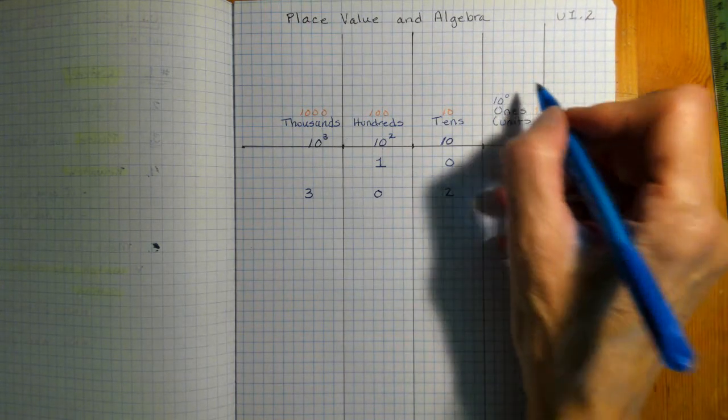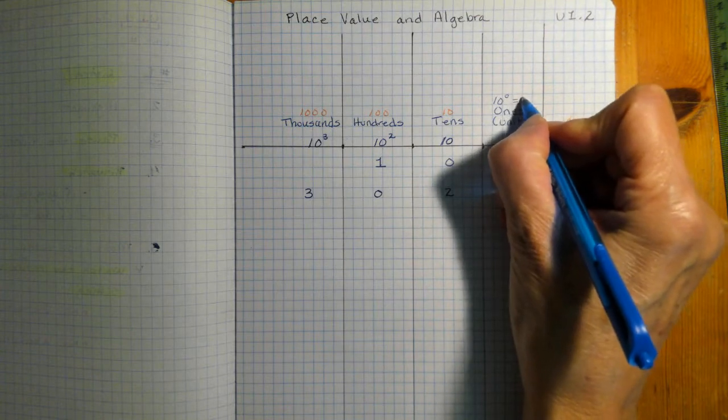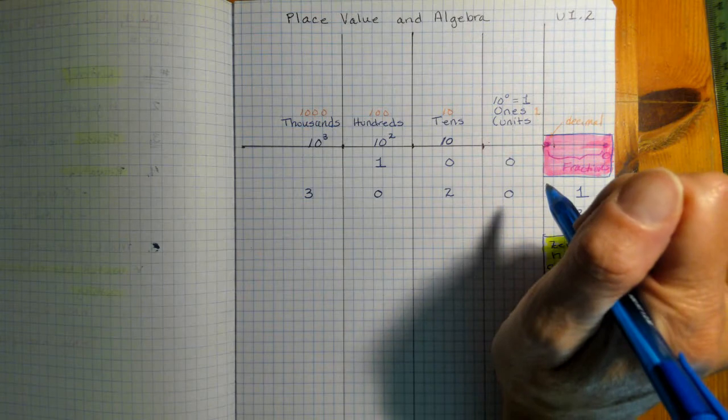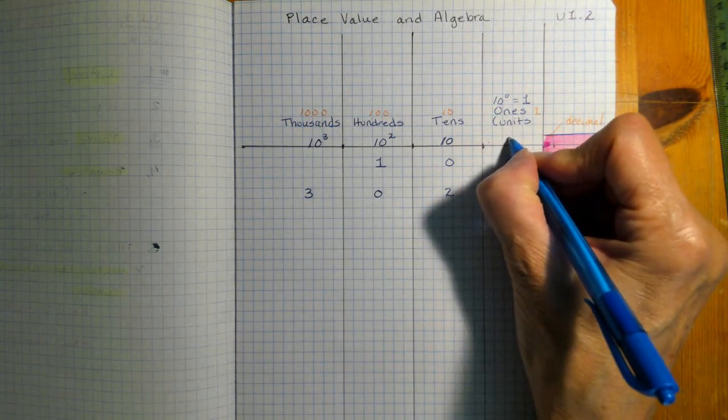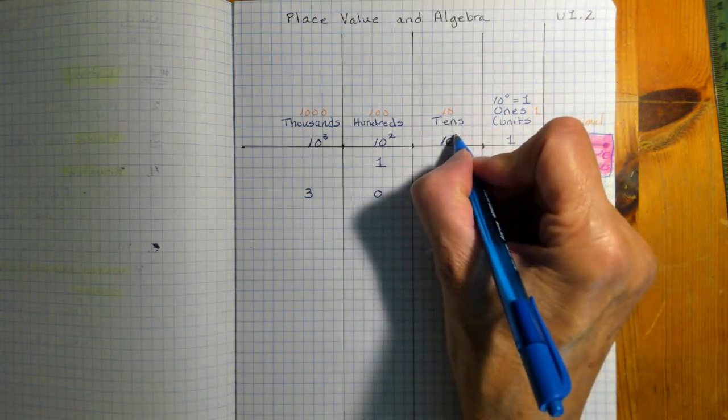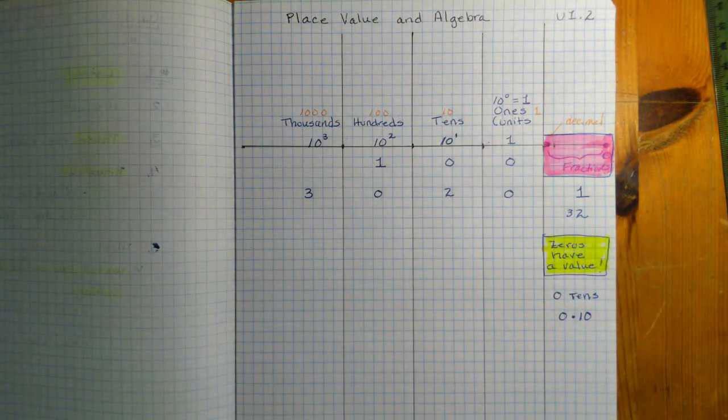Any number to the 0 power is the same as 1, so we're going to keep that in mind. I'm just going to put 1 here for units, and if I were going to put an exponent there, that would be 10 to the 1.